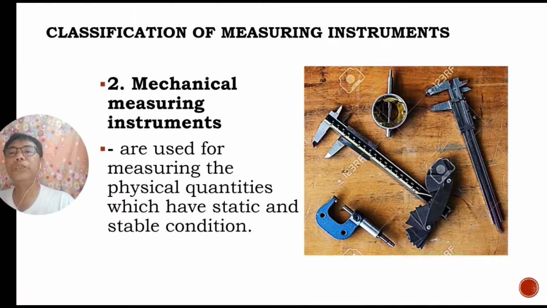Okay, these are used for measuring the physical quantities which have static and stable condition. Stable condition meaning cannot be moved, cannot be changed. Unlike electrical, sometimes the measurement varies depending on the condition.